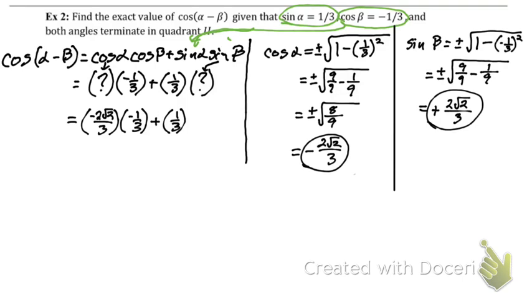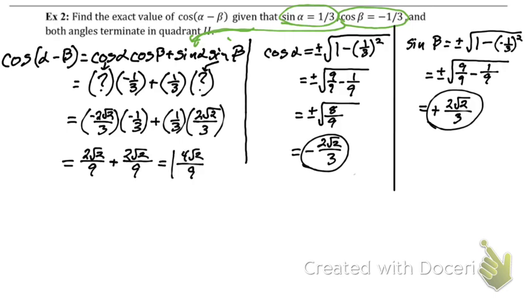Our sine beta was 2 square root of 2/3. Doing that multiplication, we have a negative times a negative, which is a positive 2 square root of 2/9, plus 1 times 2 square root of 2 over 9, which is 2 square root of 2/9, which equals 4 square root of 2/9.